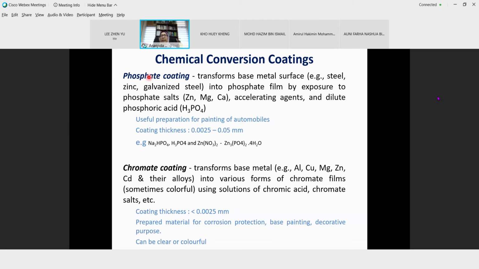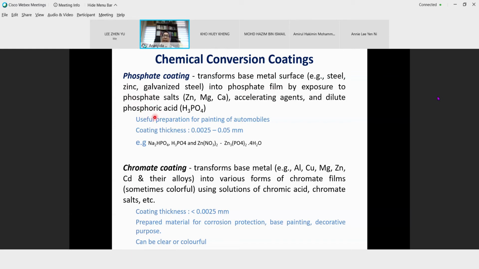You can also coat the material with iron phosphate. We can coat on steel, and we can also coat on aluminium as well as magnesium. So you can use iron phosphate, you can also use manganese phosphate. It depends on your application. Okay, so definitely you should have a salt that contains phosphate. You will have an accelerating agent, and you also have the acid.